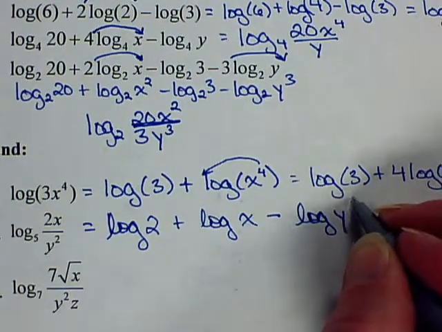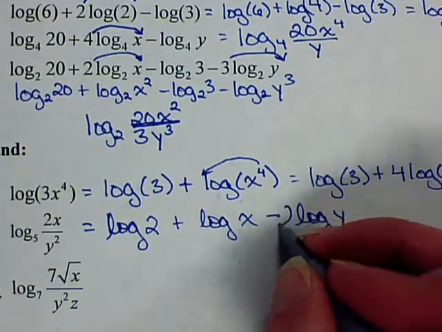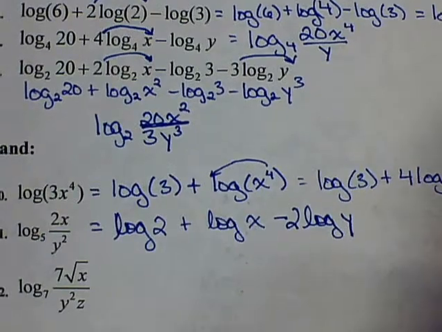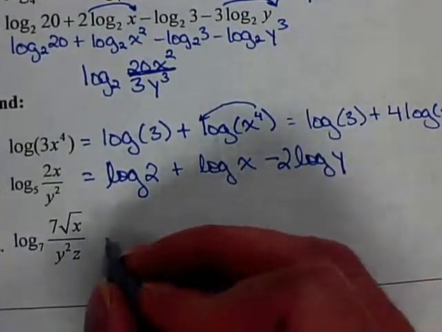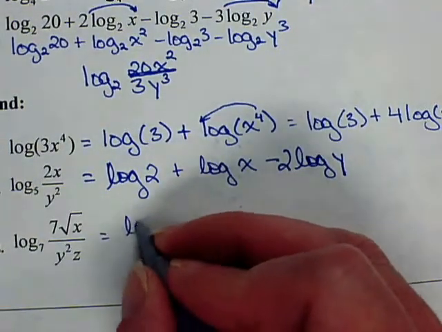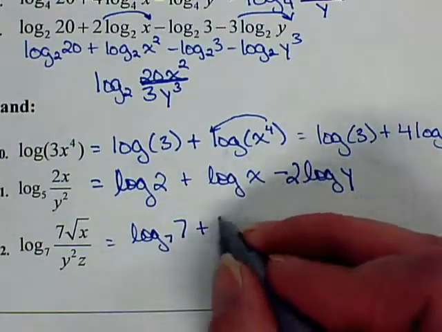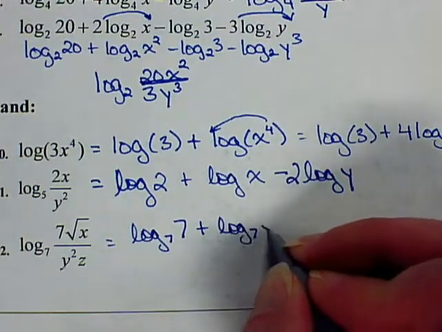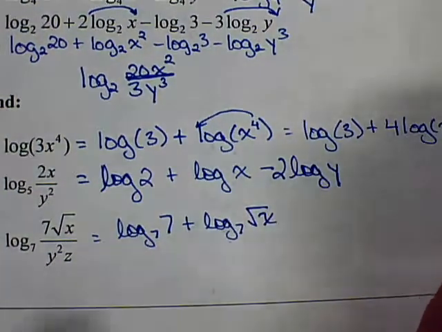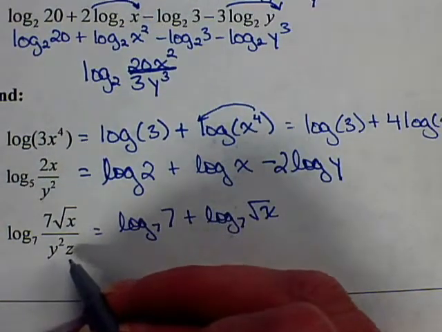And I'm going to start writing my logs in cursive to save time here. That's log of 2 plus log of x. Now since this is being divided, we're going to subtract by log of y squared. But wait a second. I could save myself a step, and instead of writing squared right there, why don't I just put the 2 in the front?